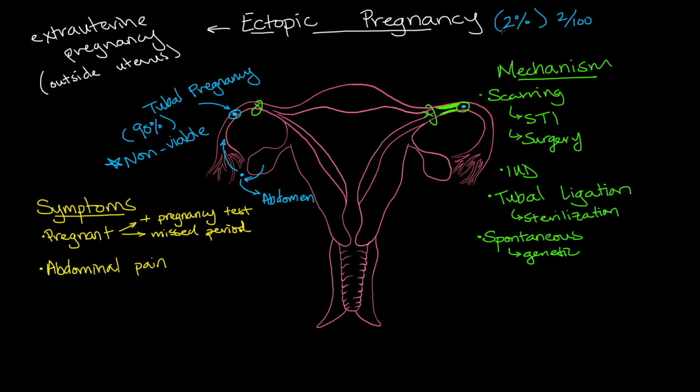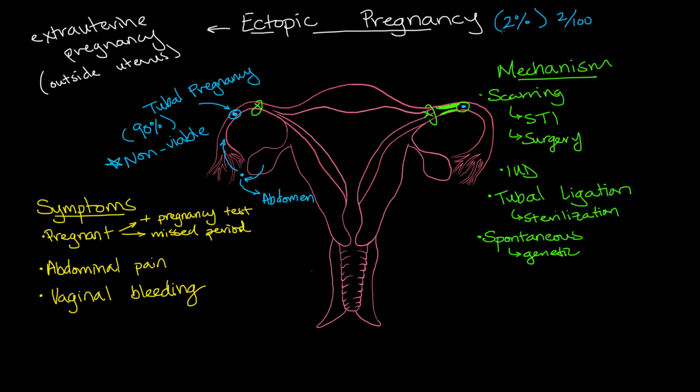So it really depends on where the ectopic pregnancy is happening, is where you'll have the abdominal pain. You'll also usually have vaginal bleeding. So abdominal pain and vaginal bleeding are really the early signs and most common signs associated with ectopic and tubal pregnancies.